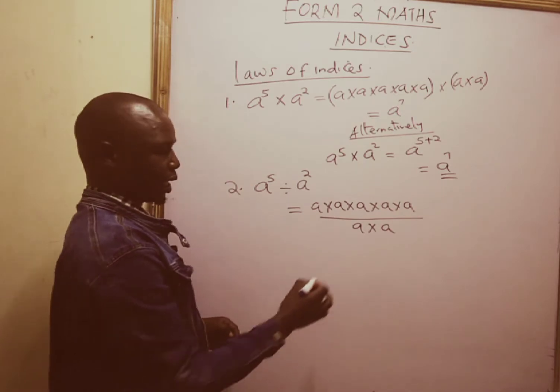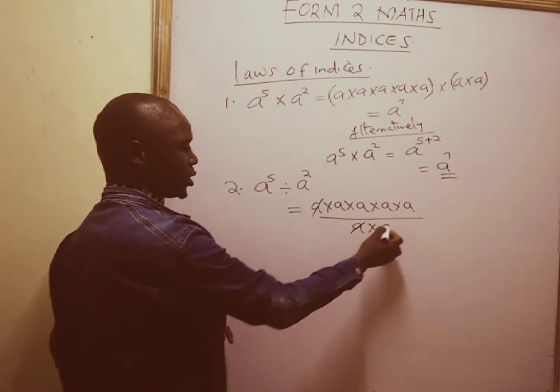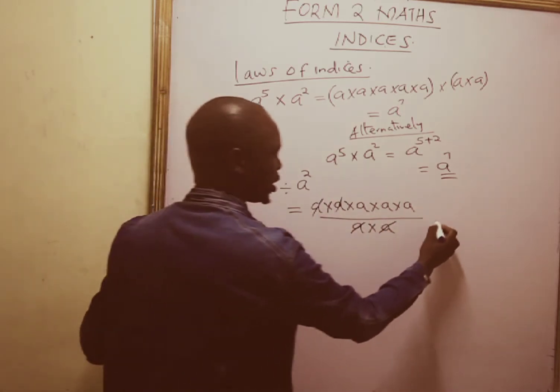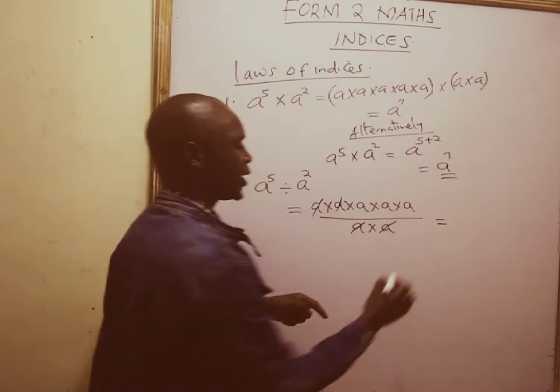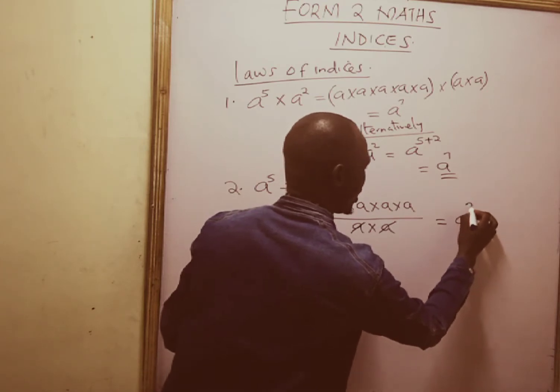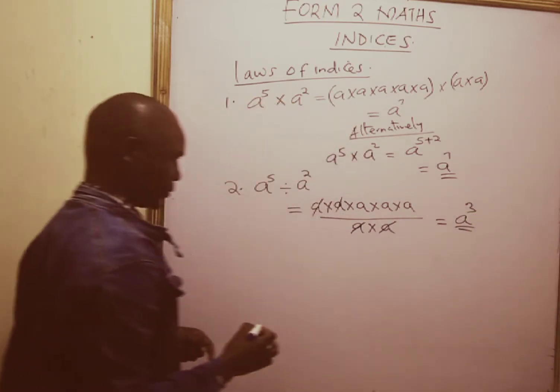Then from there we cancel a and a goes, a and a goes, such that we are going to have a multiplied by a multiplied by a will give us a cubed as our answer.